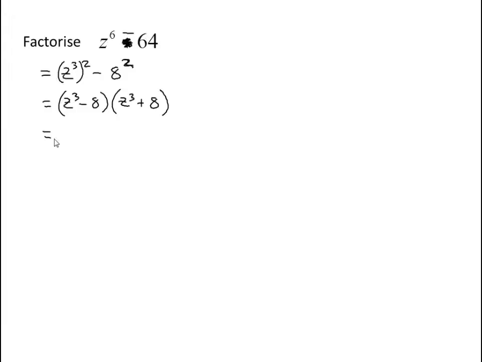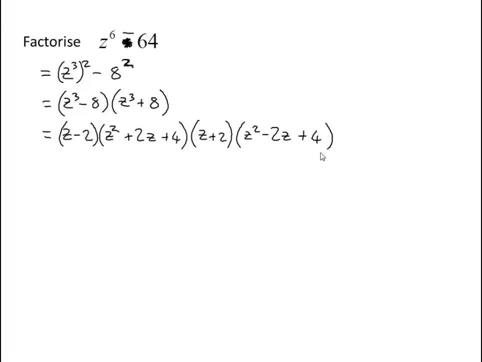So that becomes z minus 2 outside of z squared plus 2z plus 4, and z plus 2, the other side, this is a sum of two cubes now, z squared minus 2z plus 4 again.